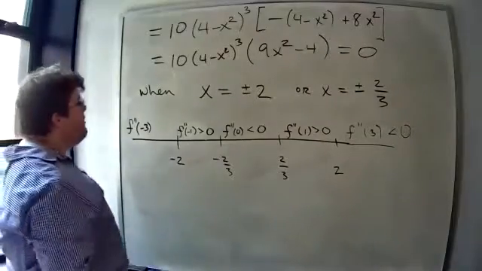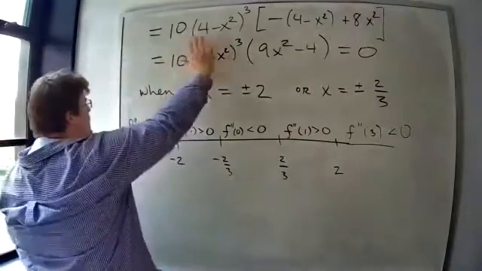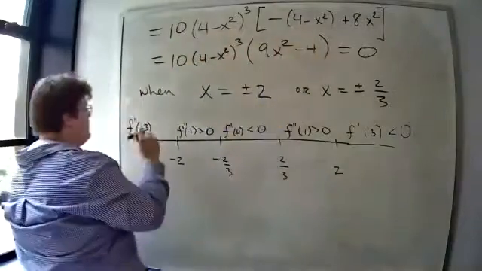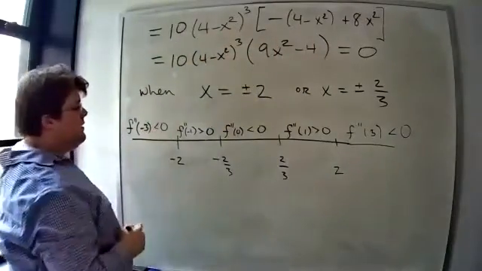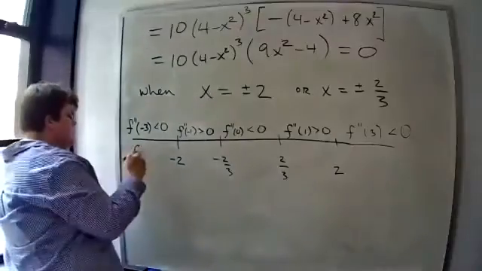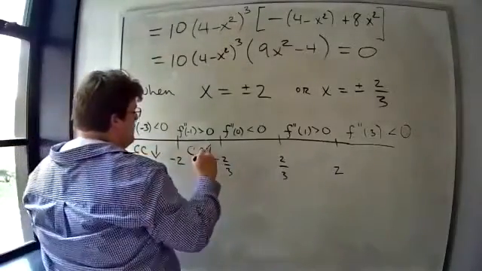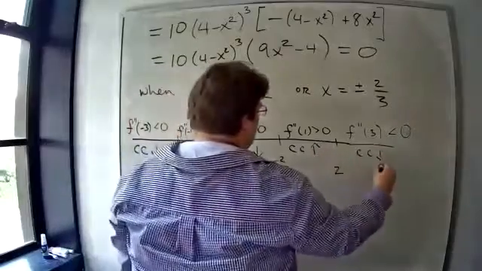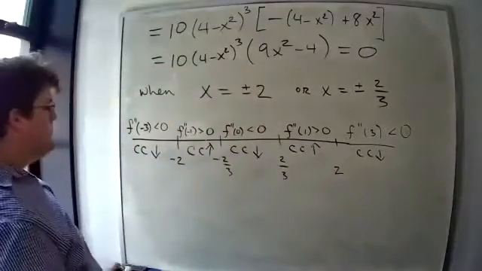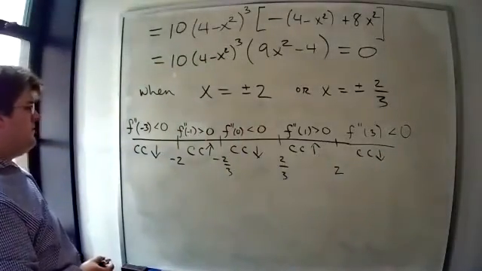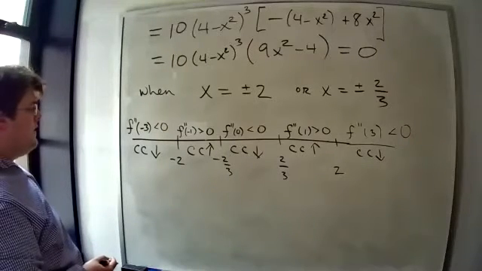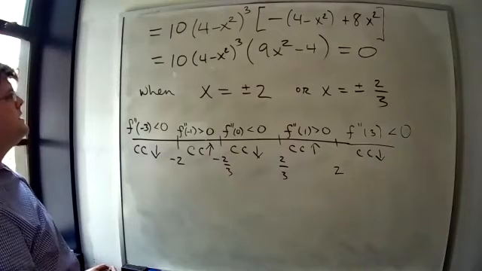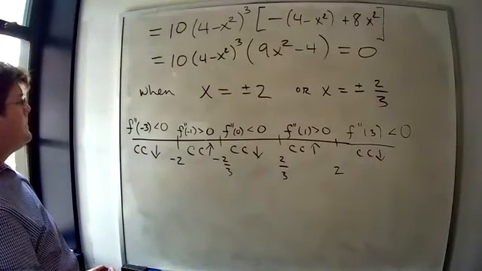And at negative 3, we have a positive, a negative to the third, so negative, and positive, which makes it negative. Where the second derivative is positive, the function's concave up. Where the second derivative is negative, the function's concave down. So any questions about the second derivative analysis?